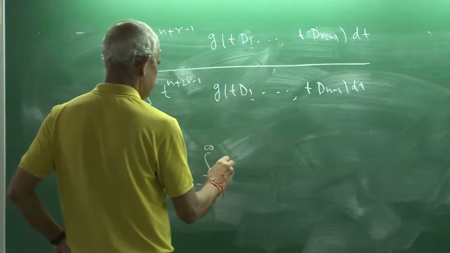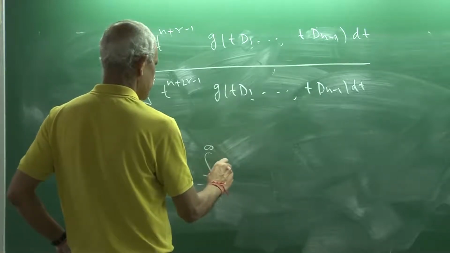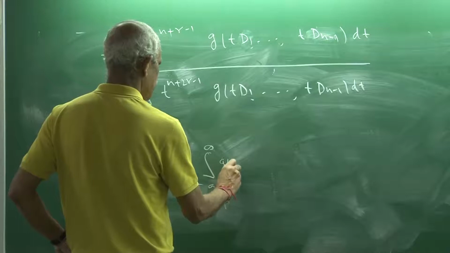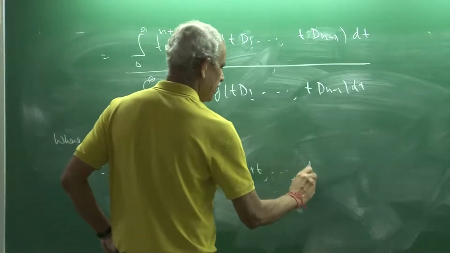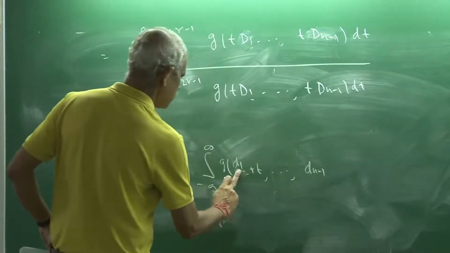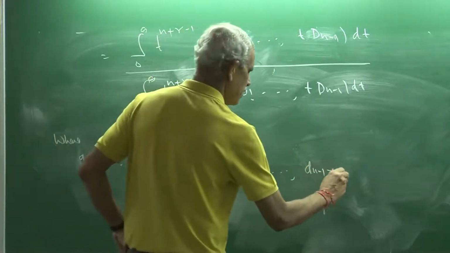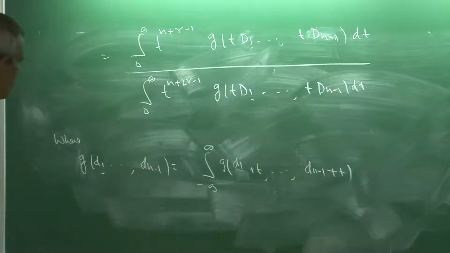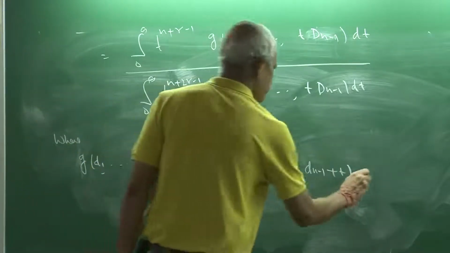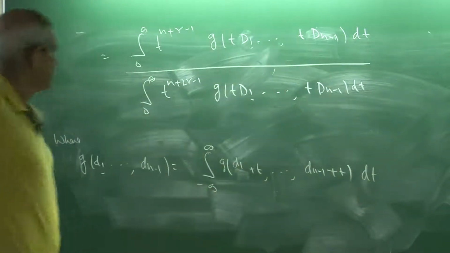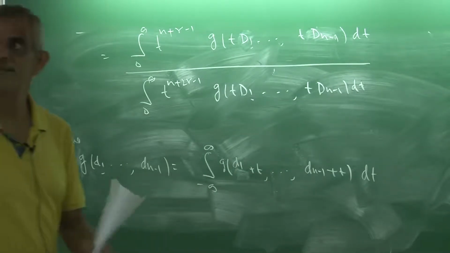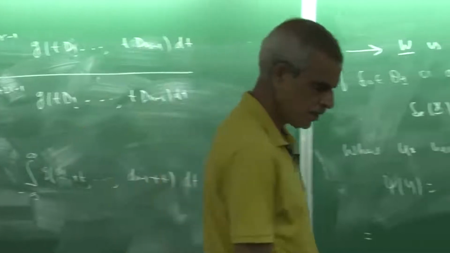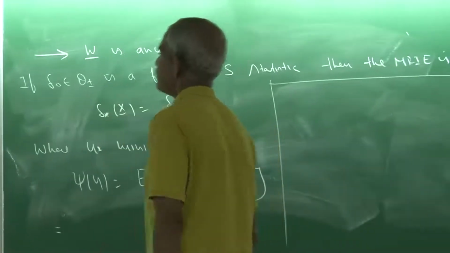So, 1 by g of d1 by sigma plus t dn minus 1, the sigma is 1. So, dn minus 1 plus t dt is what you get. Right. So, that was all about estimation of sigma.